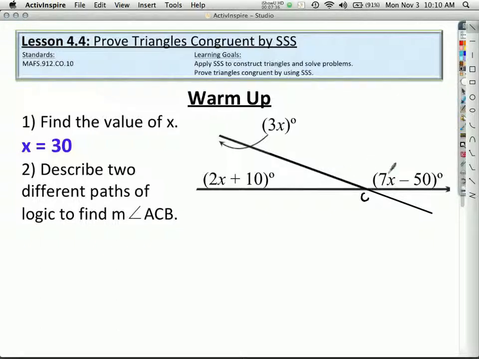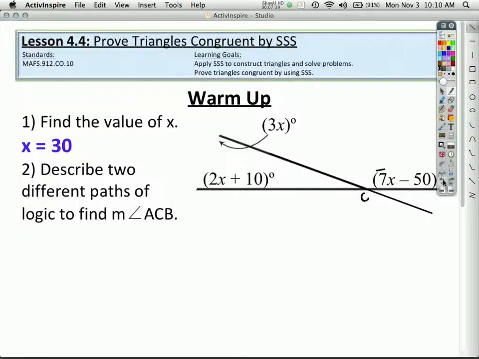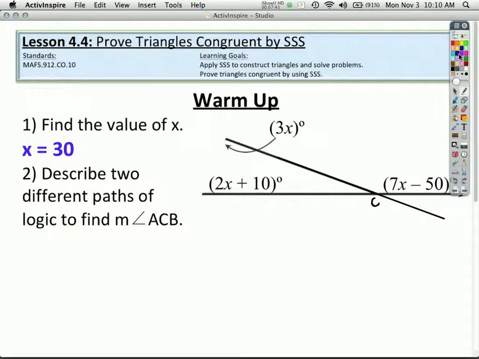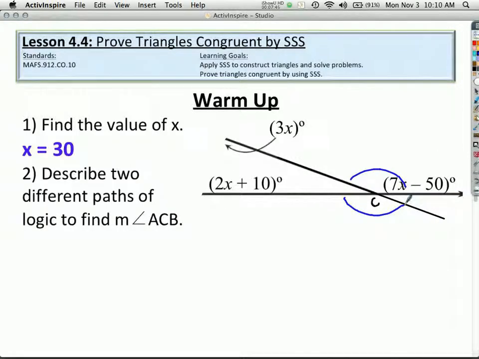Okay, so this angle is congruent to this one because they are vertical angles. So that's 160. This is going to be 160. Beautiful. But I'm still trying to find this angle over here.